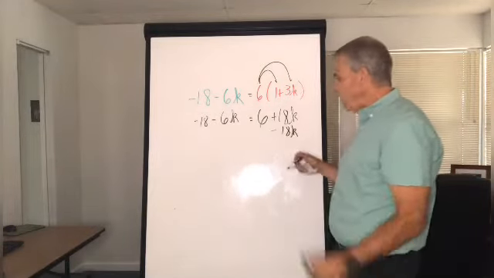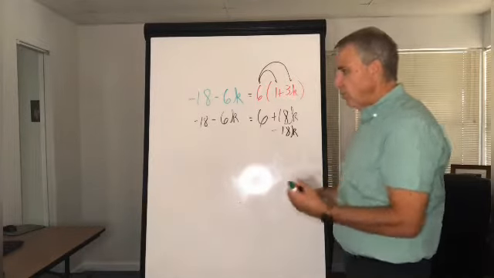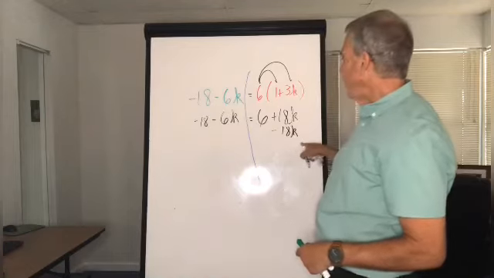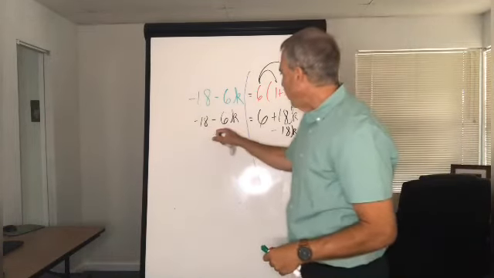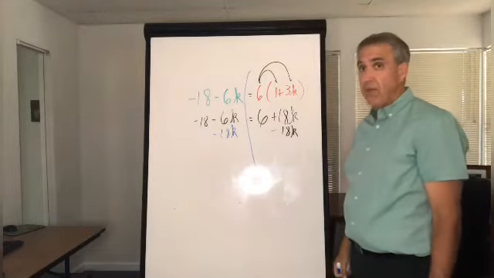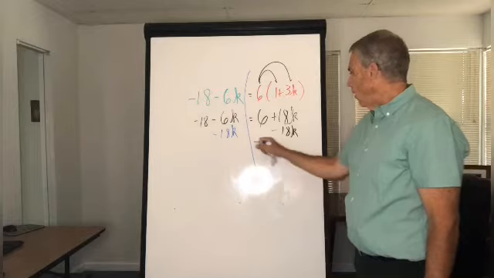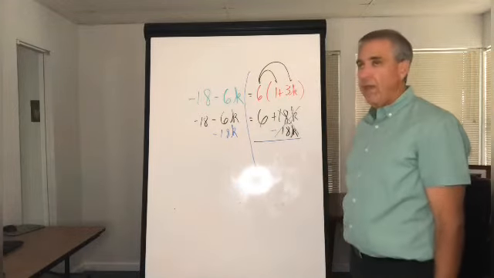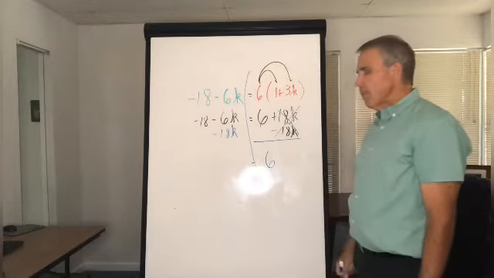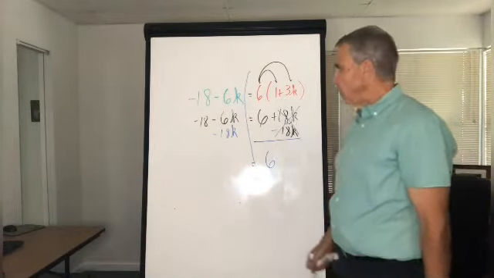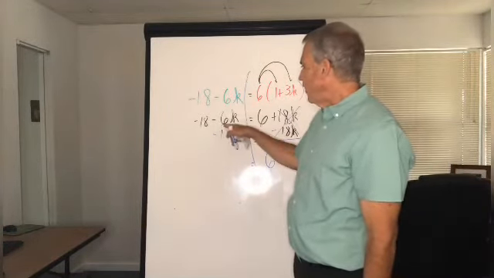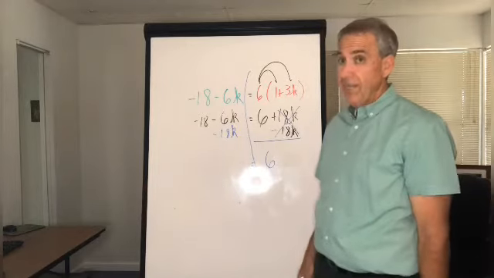If you do a negative 18k to this side of the equation, you better come over here and do a negative 18k there. Otherwise, it's not fair, and you got to be fair. Over here, these will go away. They cancel each other out. Bring that 6 straight down. Now, don't mess up on this step. Go in your calculator and go 6 and hit the negative button because you got negative 6 of these things.